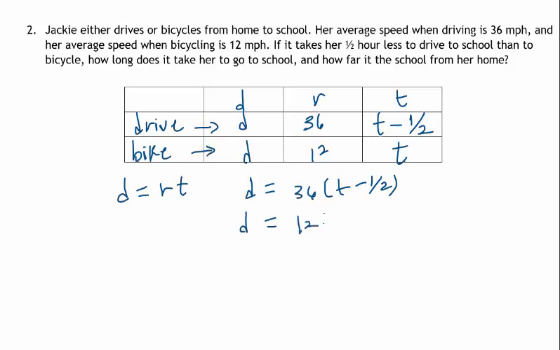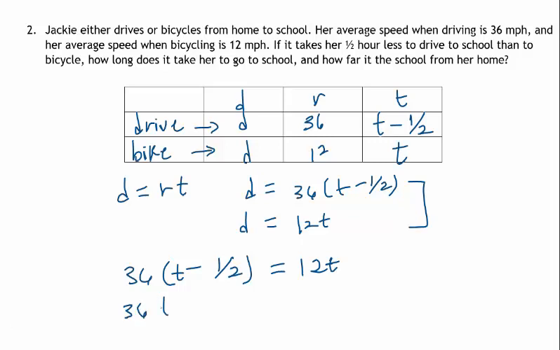D is equal to 12 times t. And because the distance from her house to the school, if she's taken the same route, is going to be the same, we can set these two expressions equal to one another. So we get 36 times t minus a half is equal to 12t. And we can solve this equation for t.